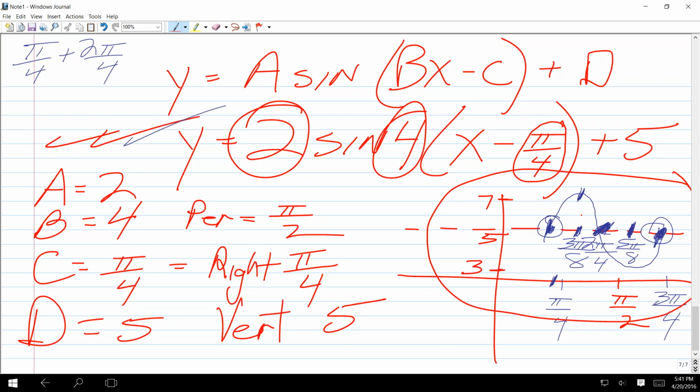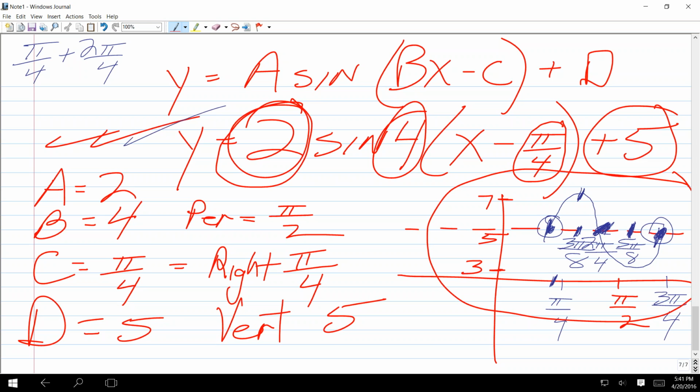In other words, if I would have given you this blue graph, the very first thing you would have noticed is the line of symmetry is up 5, so you'd know what D is. The next thing you notice is that it goes from 3 to 7. Well, that makes A 2.